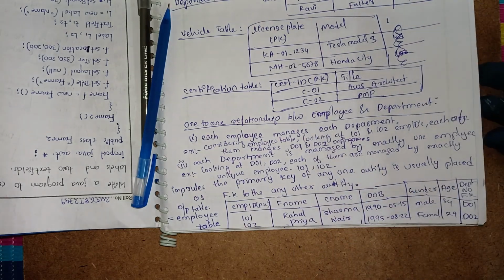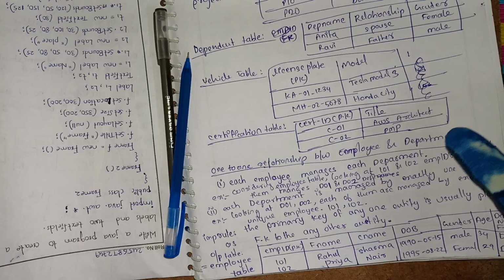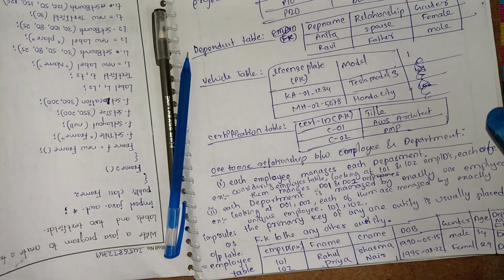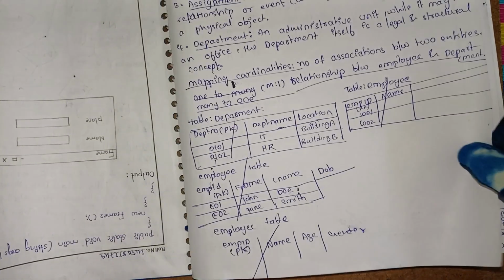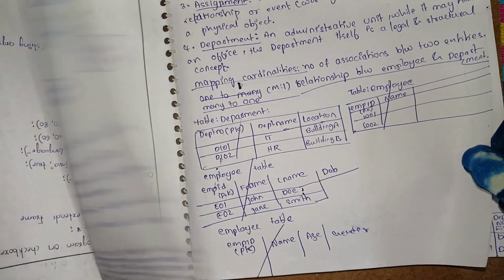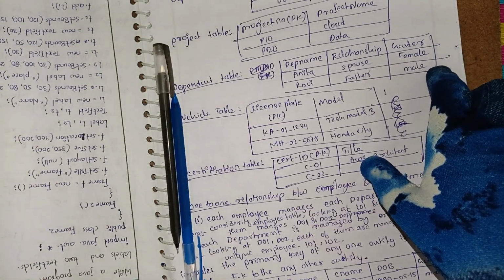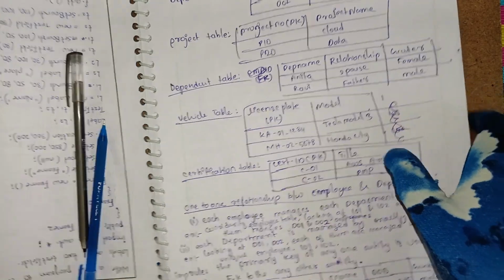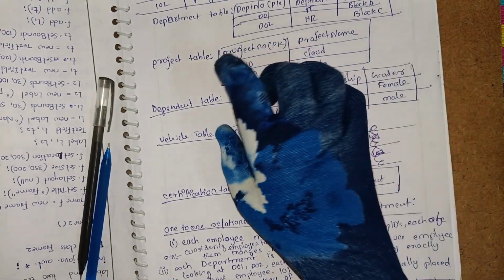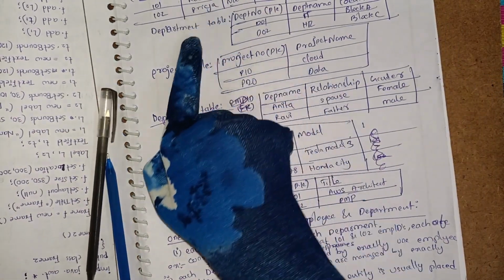Entity means tables. Here we have the employee table and the department table.